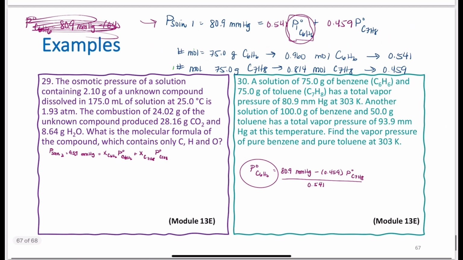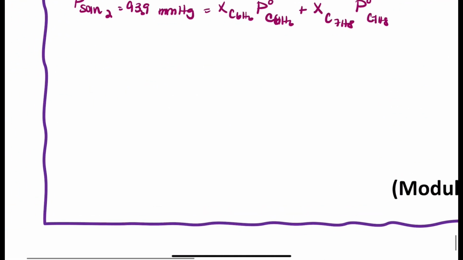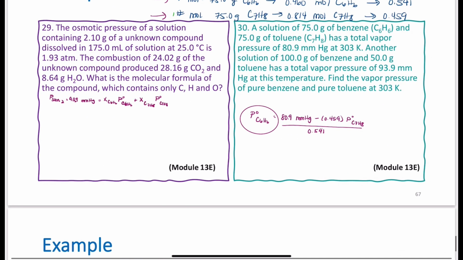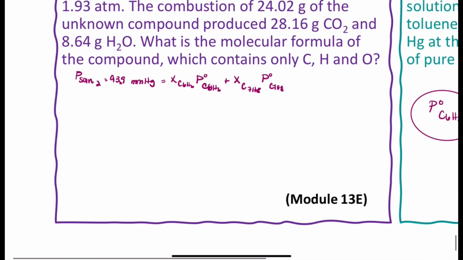So just like before, I'm going to figure out the mole fraction of each species. And again, previously I had 75 grams of each, now I've got 100 and then 50.